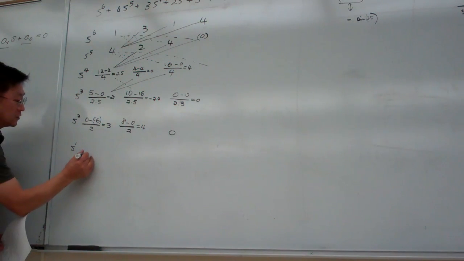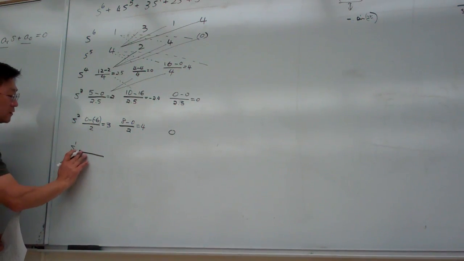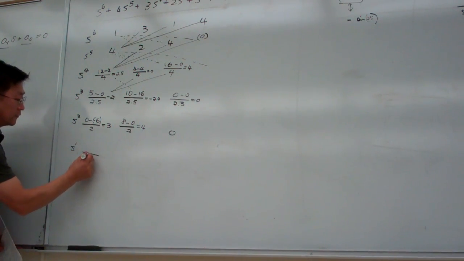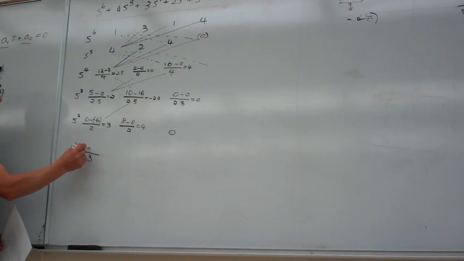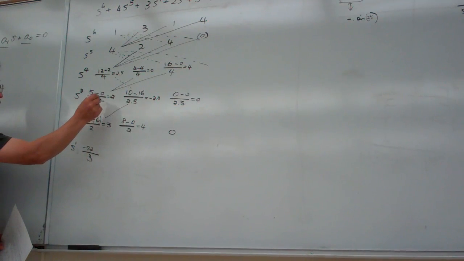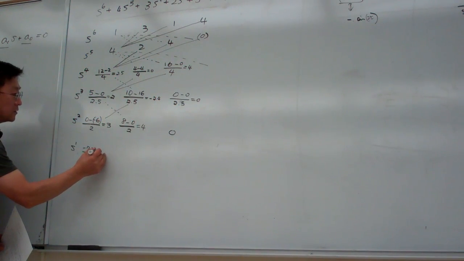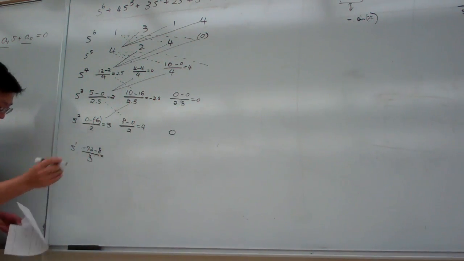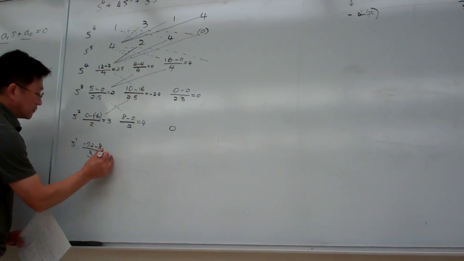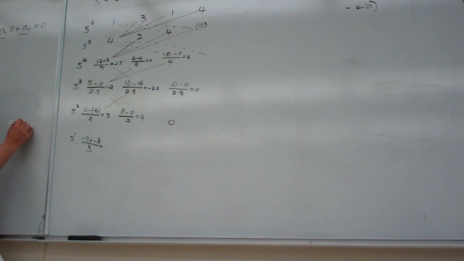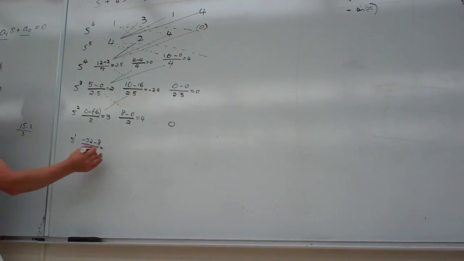So for s^1, we have 3. The multiplication of the two numbers is minus 7.2, and minus this one, 8, equals minus 15.2 divided by 3.